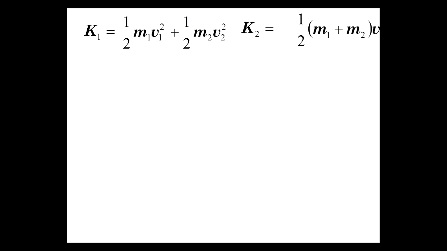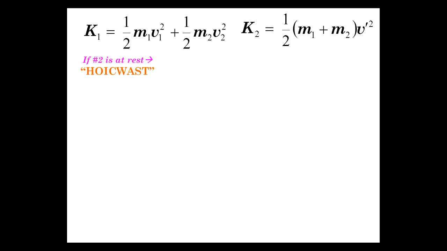So let me list the kinetic energies here. Initially, we had 1/2 m1v1 squared plus 1/2 m2v2 squared, assuming both are moving. After the collision, that will be K2. K2 is equal to 1/2 (m1 plus m2) v prime squared.